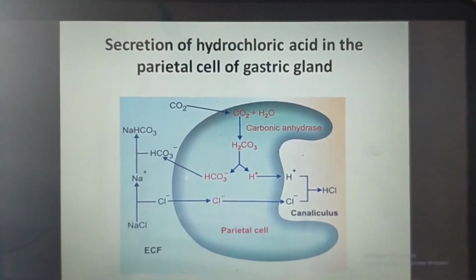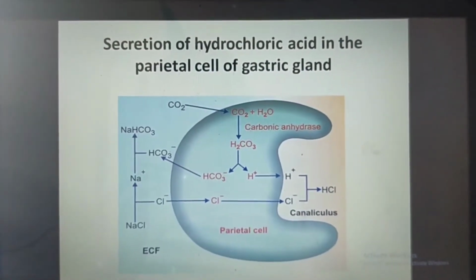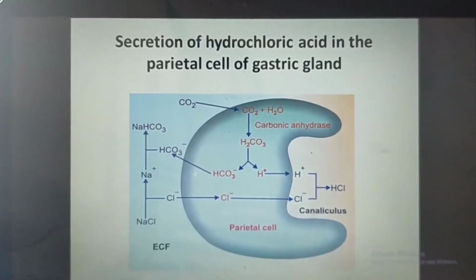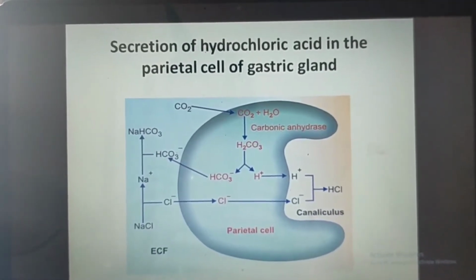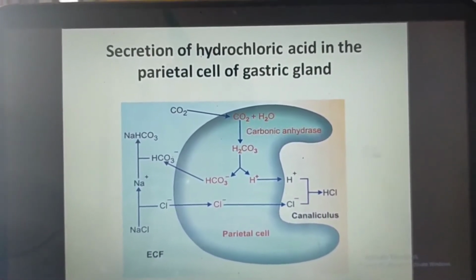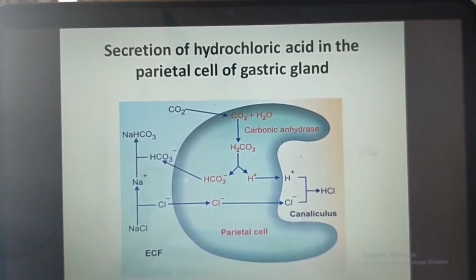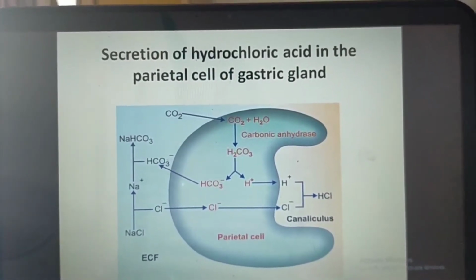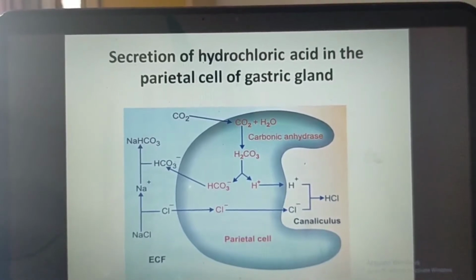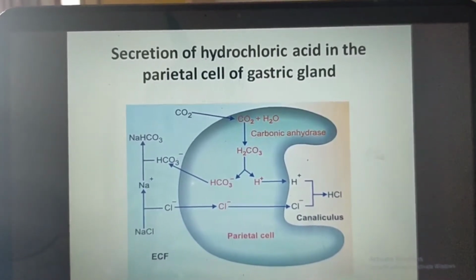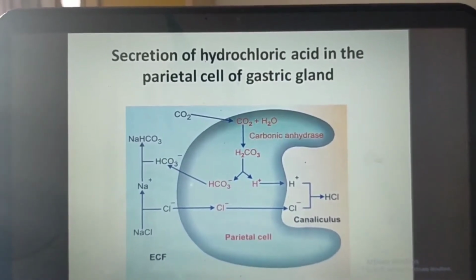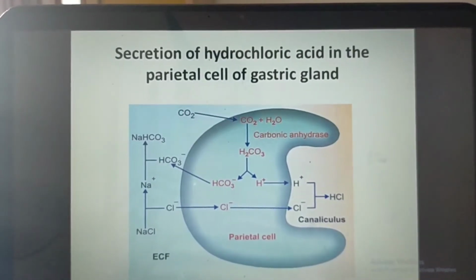Okay, so as we have talked about, the carbon dioxide is derived from the metabolic activities of parietal cells. Some amount of carbon dioxide is obtained from the blood also. So it combines with water to form carbonic acid in the presence of carbonic anhydrase.